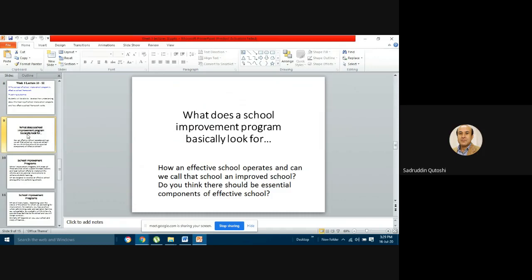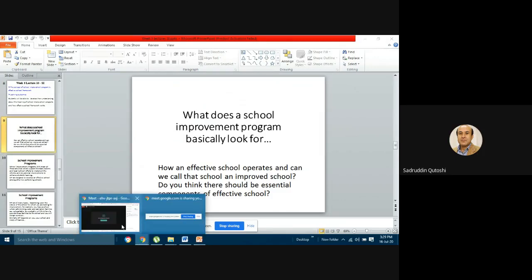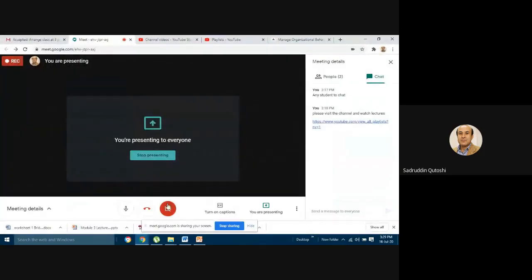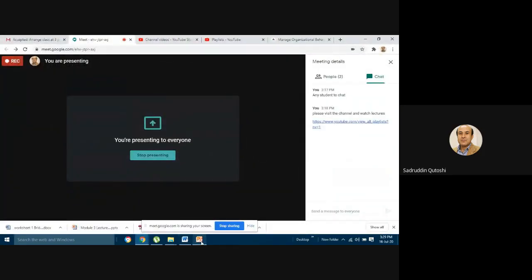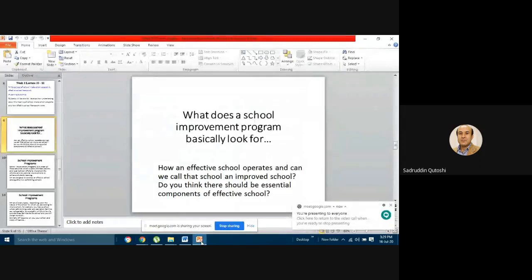First of all, one of the basic things might be how we can see improvement in students' learning outcomes. What kind of improvement are we really interested in? What kind of improvement in learning are we supposed to ensure?